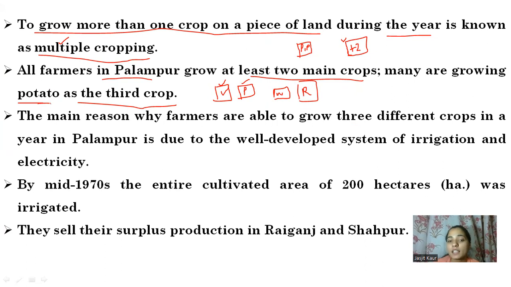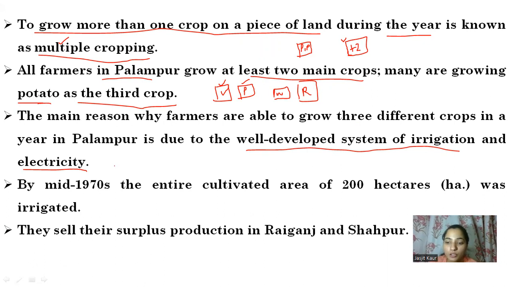The main reason that farmers are able to grow different crops in village Palampur is the well-developed system of irrigation and electricity. As we discussed in the last class, because of the irrigation facilities available in Palampur village, and also the electricity, they are able to adopt the irrigation facilities there.